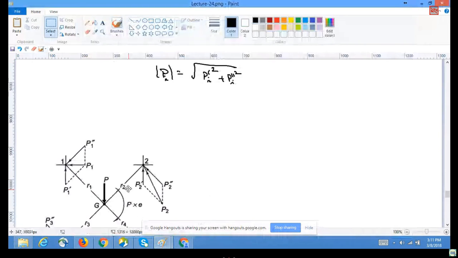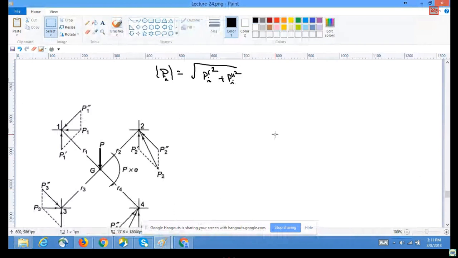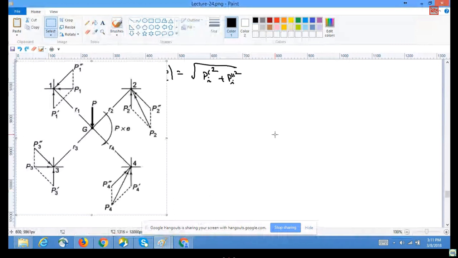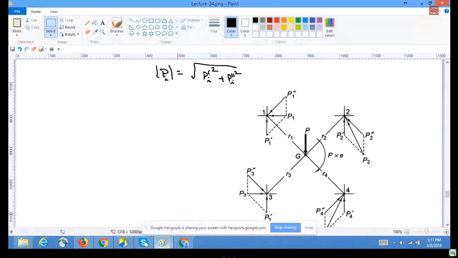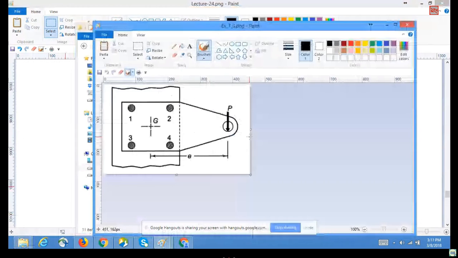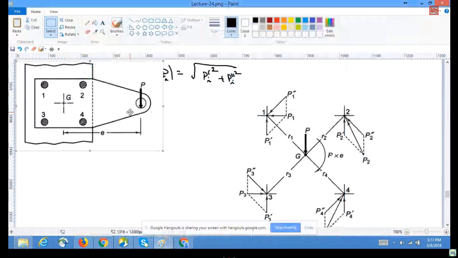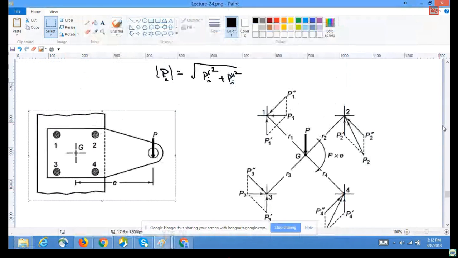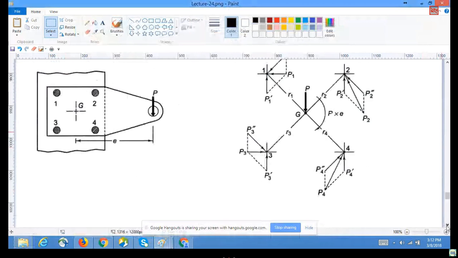So this is the case. This is a typical bracket for a given load, with bolts 1, 2, 3, 4.